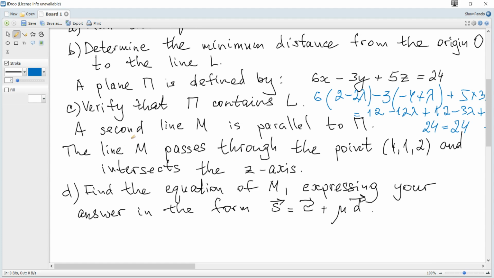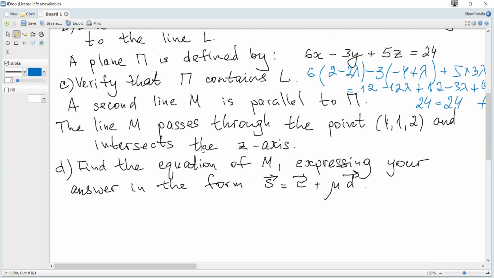The next, a second line M is parallel to P. The line M passes through the point and intersects the z-axis. Question D, find the equation of M, expressing your answer in the form.